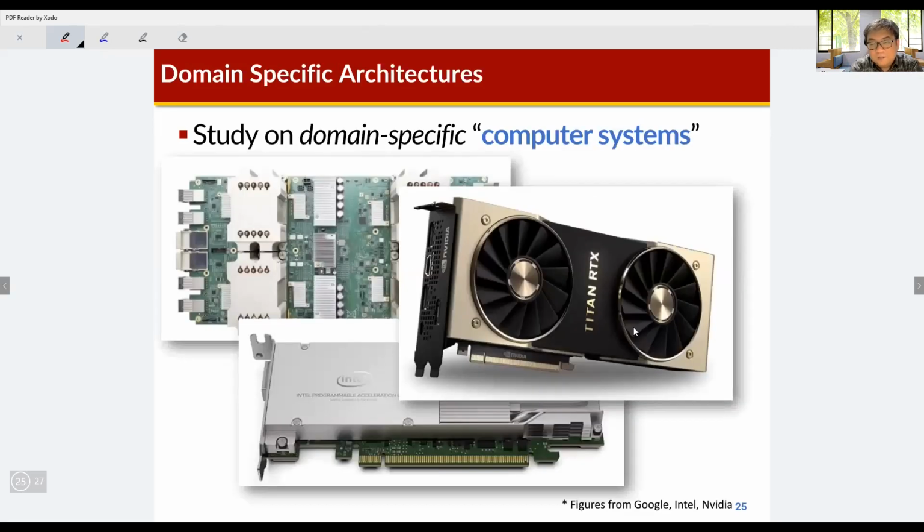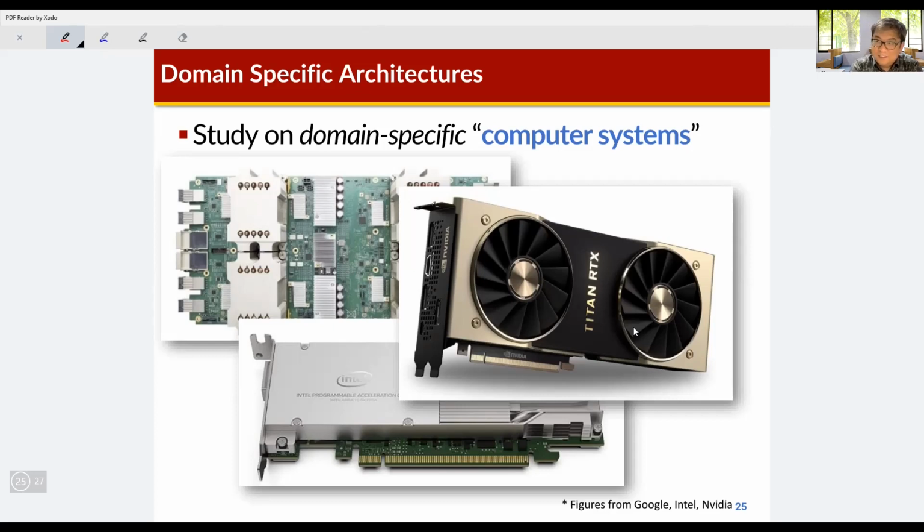Okay, so this slide shows photos of the Google TPUs, the tensor processing unit, and then Intel FPGA, and NVIDIA GPUs. So these are actually domain-specific architectures. These processors run some specific domain applications, and it is called an accelerator.